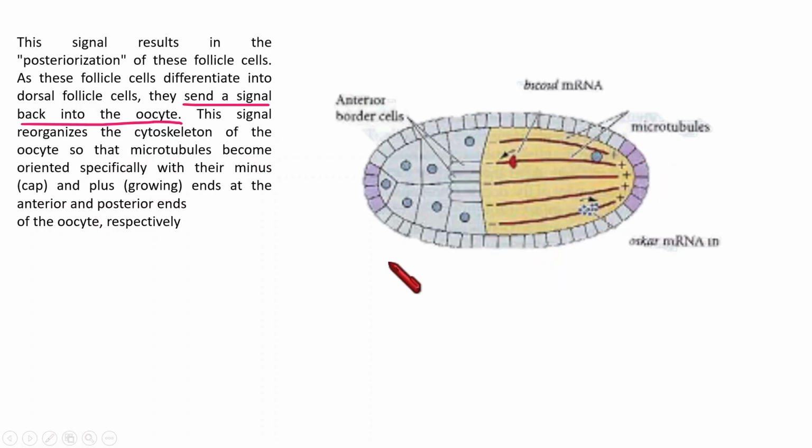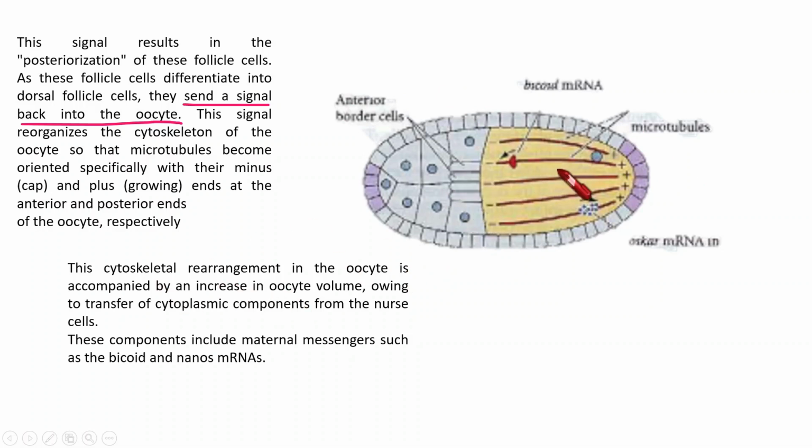Okay, and that cytoskeletal rearrangement has some purpose. What is the use of that? We already learned that from the nurse cells, whatever mRNAs are forming, as there exists an intercellular cytoplasmic connection, all these mRNAs can be transported to the oocyte.